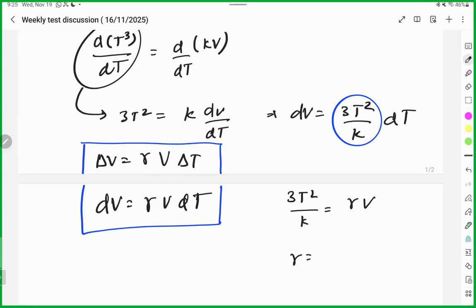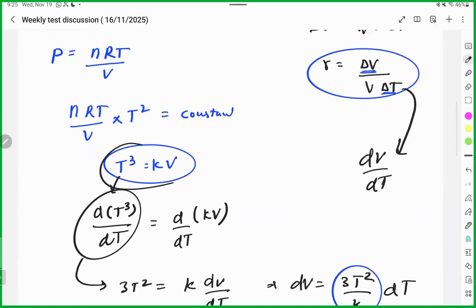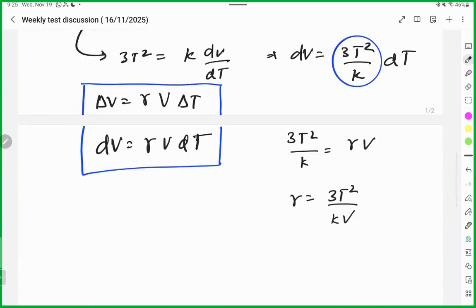So what will be the gamma value? 3t square by V into K. And what is KV value here? T cube. This and this cancel. Can we say it will be 3 by T?